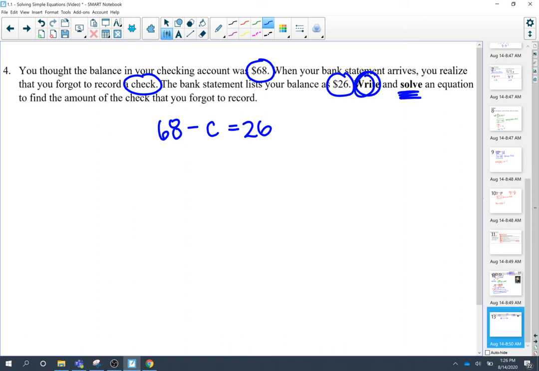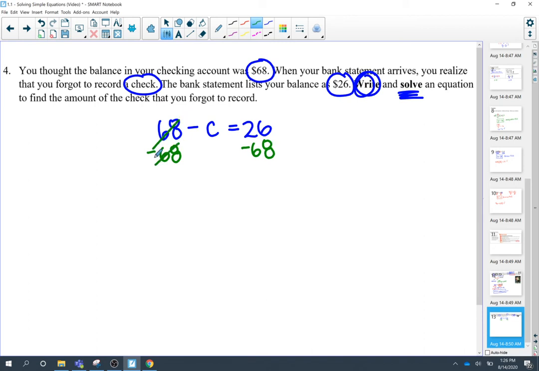Okay, so that's the write part. Now we have to do the solve part. And this one, actually, I'm going to solve it in 2 steps. So I really hope you remember some things from last year. First of all, I want to get my C by itself. So I want to get rid of the 68. This is a positive 68. So I'm going to do the opposite, and I'm going to subtract 68. 68 minus 68 is 0.